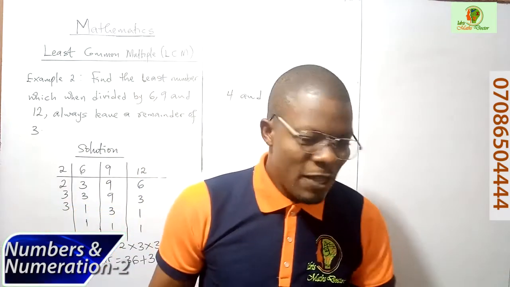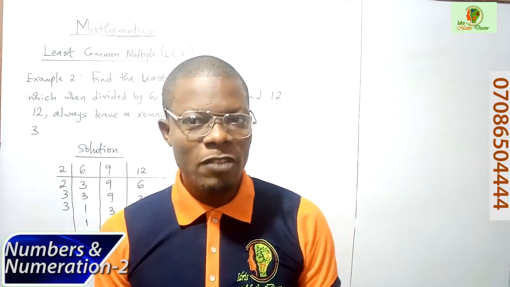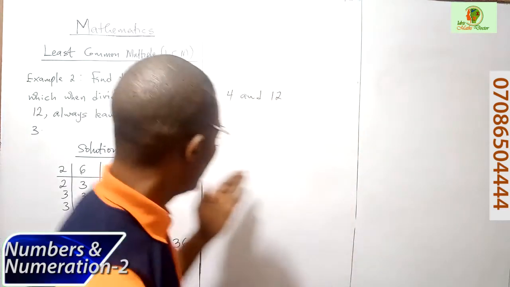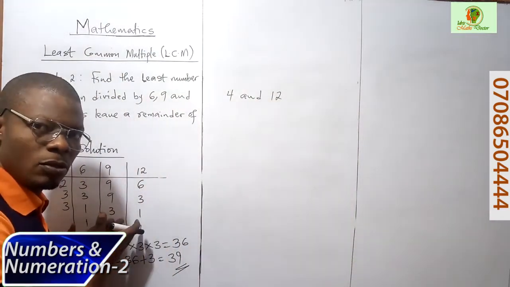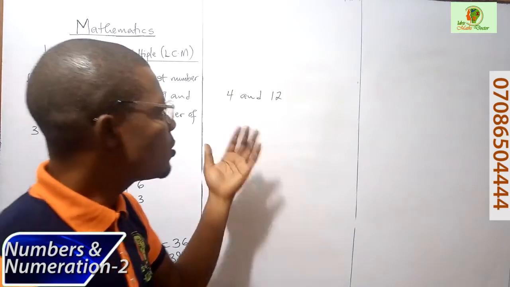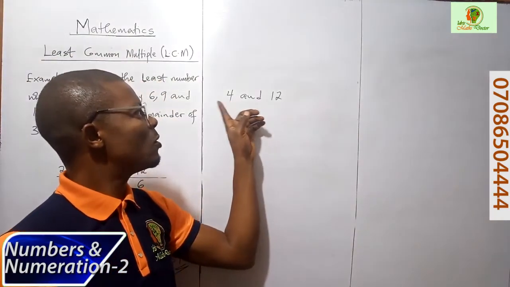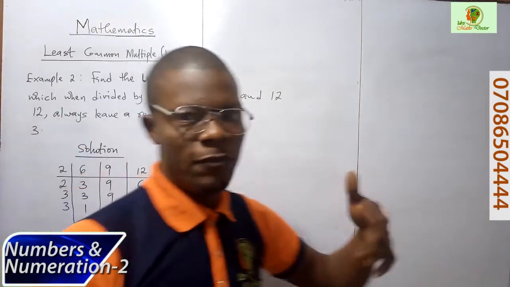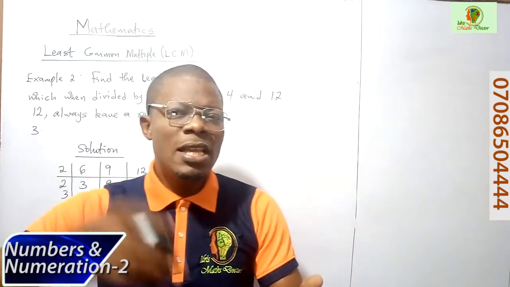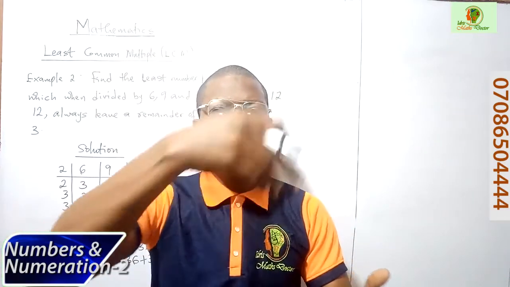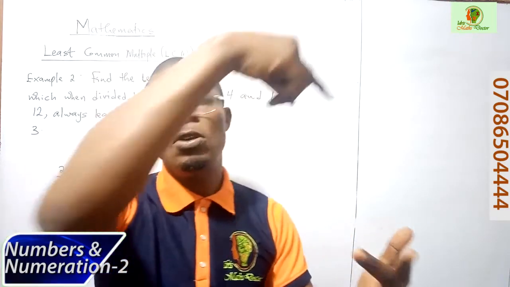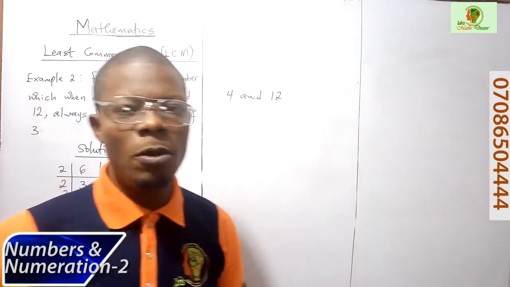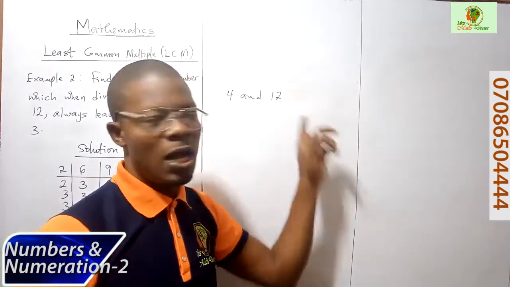Yes, the LCM of 3 and 5 is 15, but you are not multiplying. Those students will think the LCM of 4 and 12 is 48. 48 is a common multiple of 4 and 12, but it's not the least common multiple of 4 and 12.